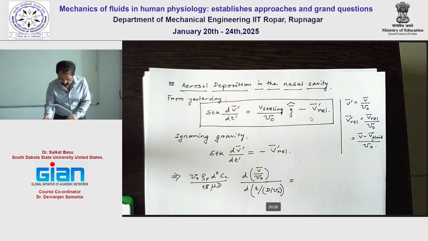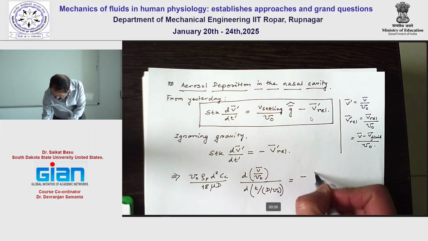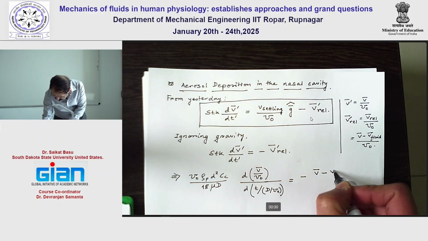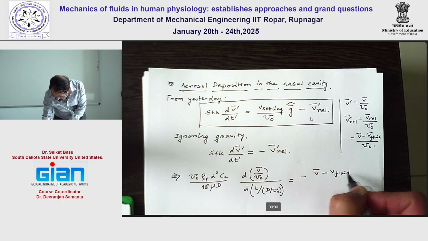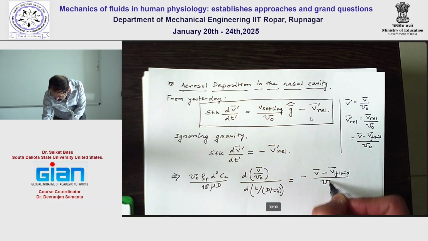And this is equal to minus v bar minus v fluid bar divided by u naught.